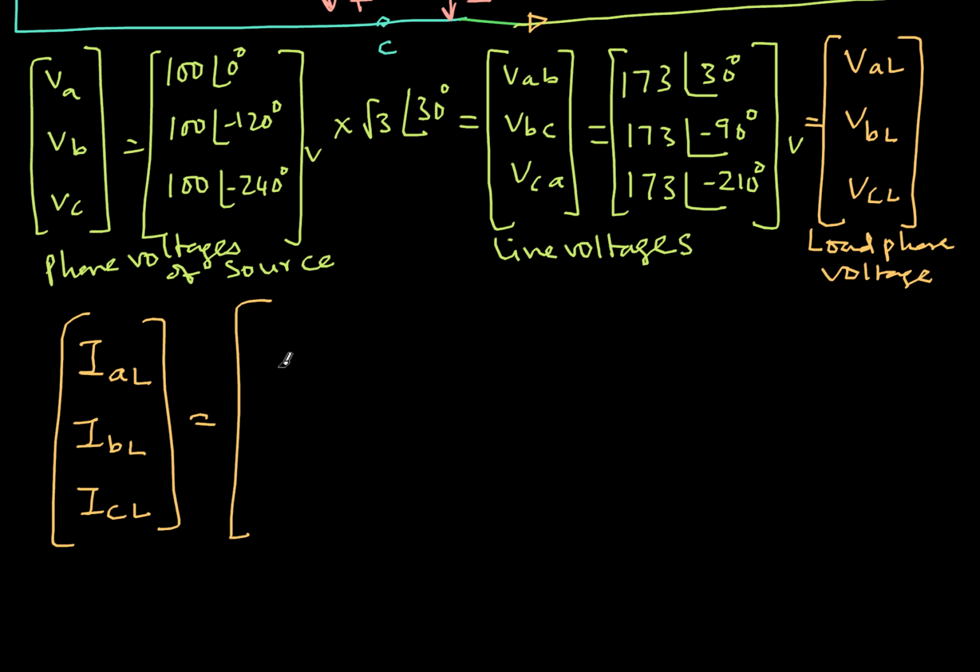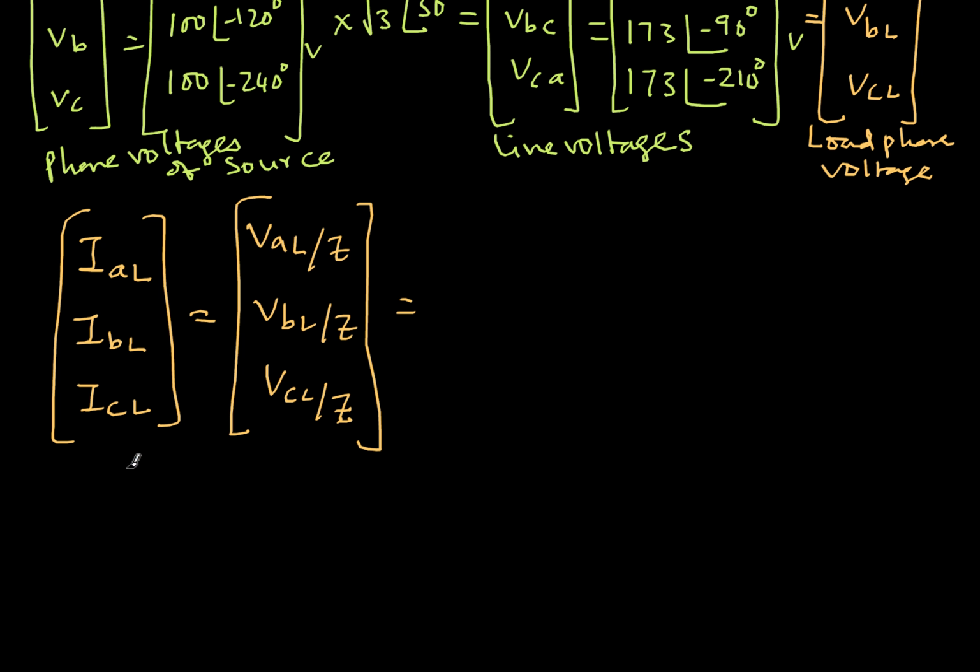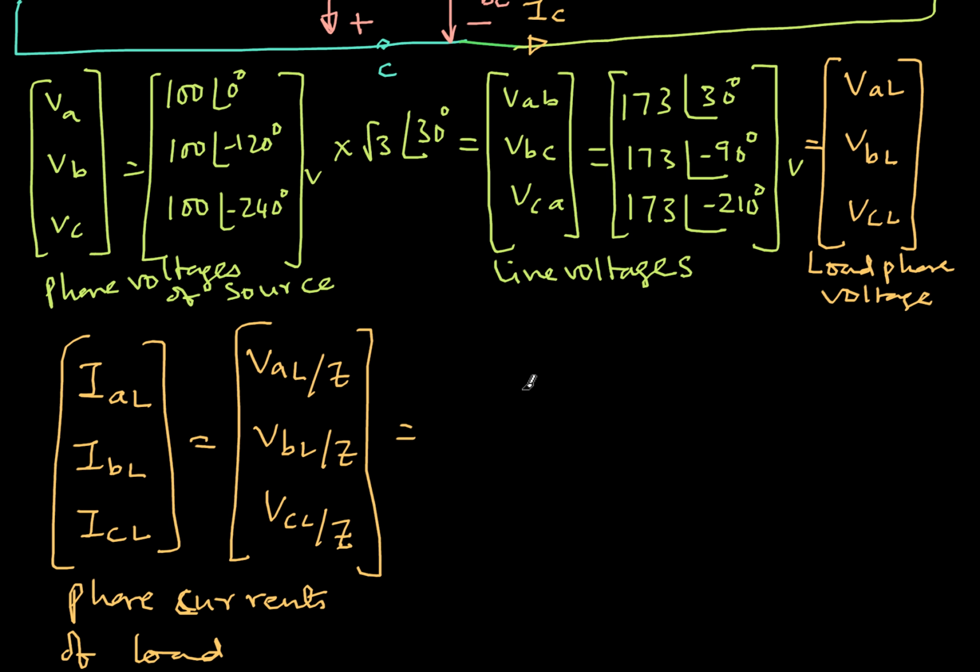Just VAL, VBL, and VCL all divided by the impedance. Then I get the currents here. So we'll do that calculation. So what are these? These are phase currents of the load. So let's use MATLAB interface and then we calculate that.